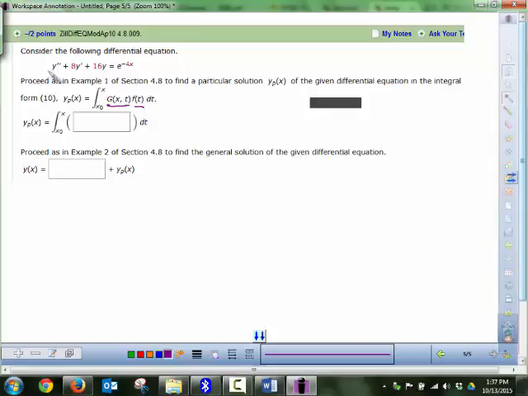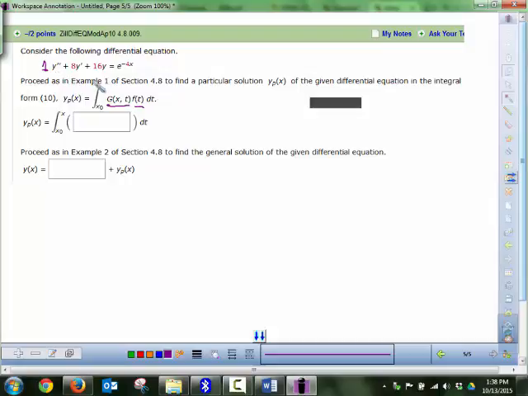I just have to be careful, because I made that mistake, that this is a coefficient of 1, and so my f function is exactly this. But before I can go on, I still need to find out more information about Green's function. If you remember Green's function, we need to find y1, y2, and the Wronskian. So let's find y1, y2, and the Wronskian.